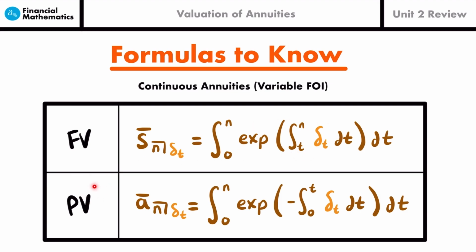But then to calculate the present value of a continuous annuity with a variable force of interest, you have the integral from 0 to n of e raised to the power of this expression, the negative integral from 0 to t of the force of interest delta t dt, and then dt for the outer integral. Once again, whatever the payment amount is, you would multiply by this notation and include it in the integral.